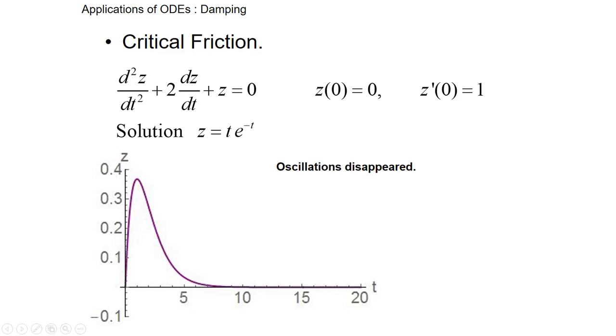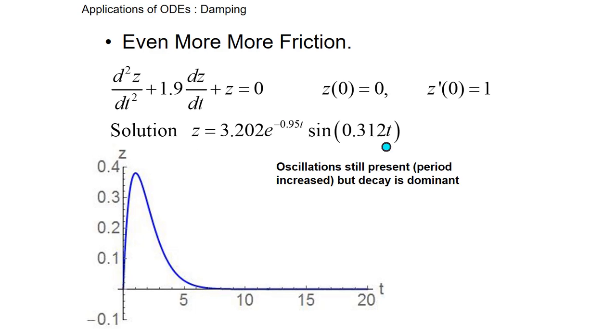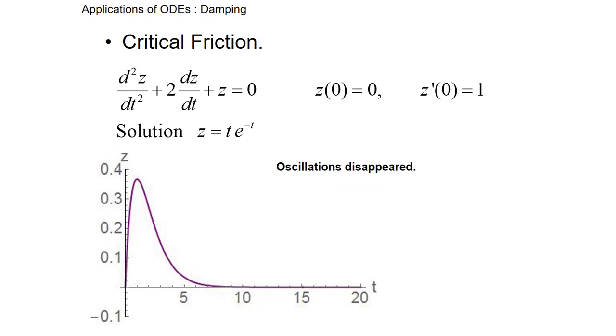Now you can see that the solution has changed from being an exponential multiplied by a sine to being t times an exponential. So really at this point we don't get any oscillation. The system moves out, and then the restoring force takes it back, but friction is slowing it down. We have t multiplied by this exponential.